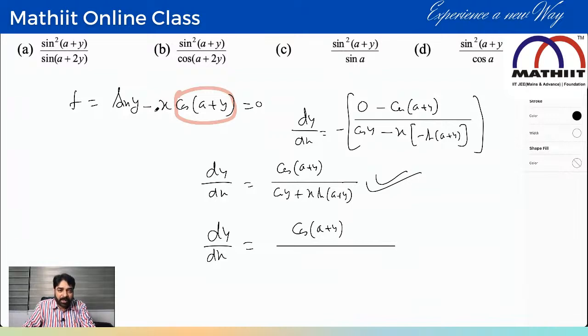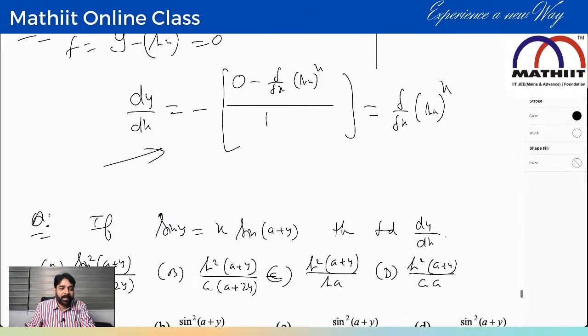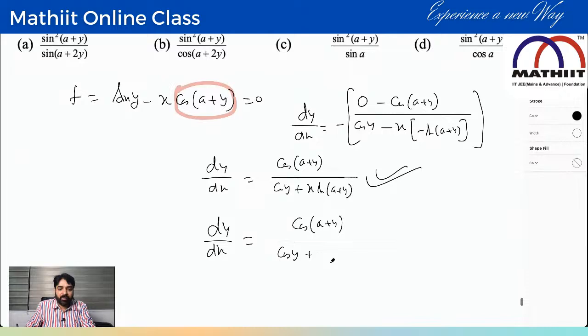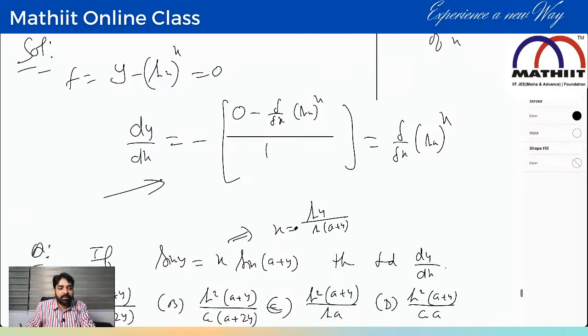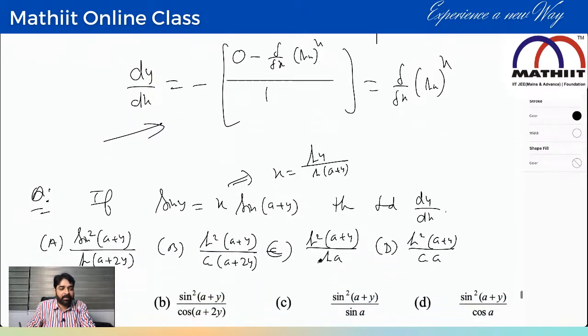But in none of the options is x given, so I have to change it. Plus x value, x equal to sin y by sin(A plus y).